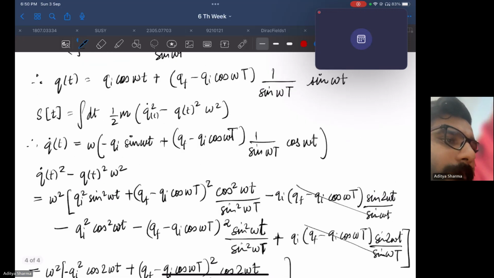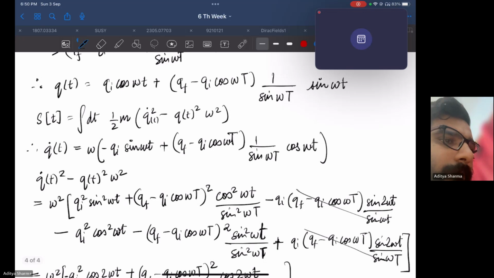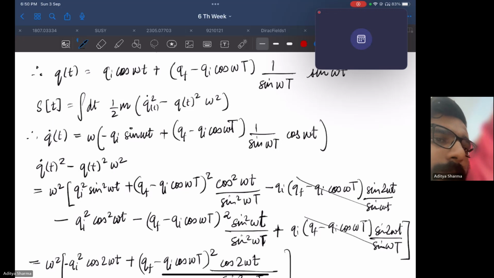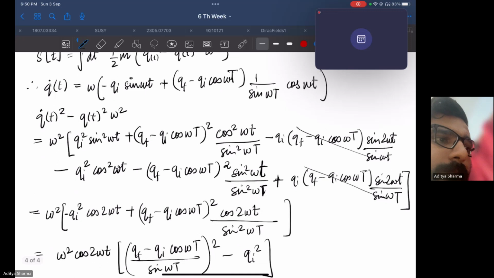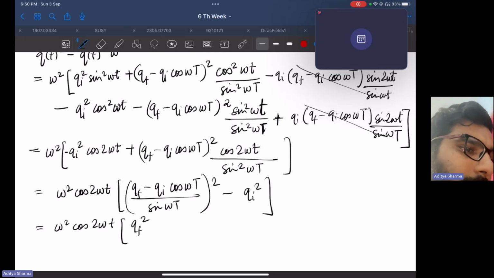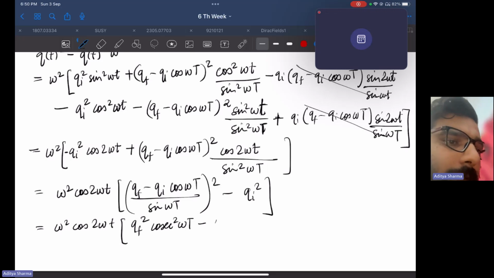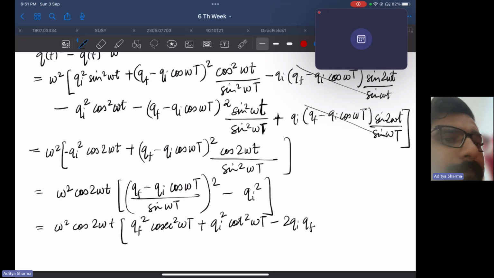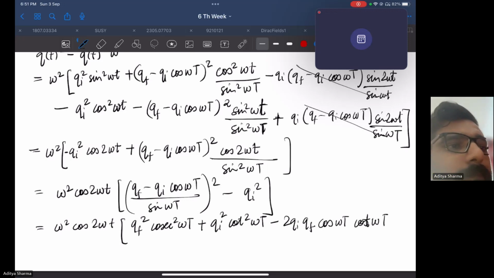This term: q square cosec square omega t minus q square omega t, plus minus qi over cosec omega t of omega t, minus qi square.